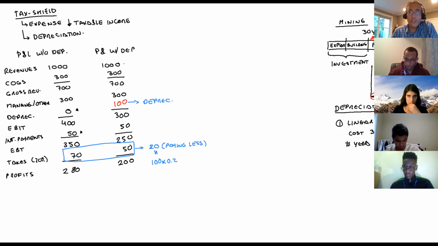So let's assume that the number of years to depreciate this one here is 30 years. So your annual depreciation is going to be simply 100K. So this is what you're going to depreciate per year. Make sense?